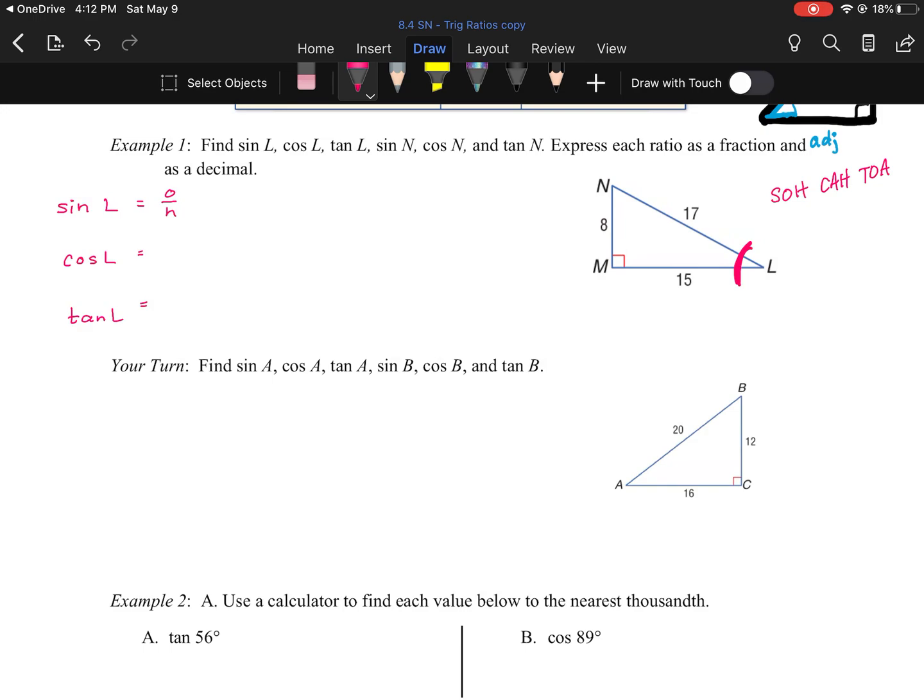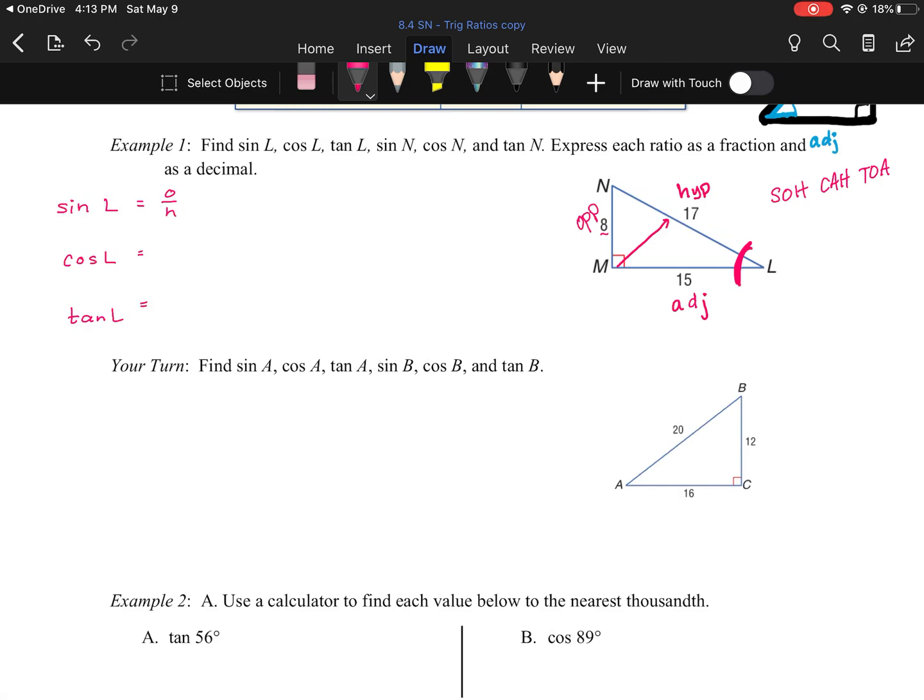So there's my L. Now let's label all of the sides. The one opposite is over here. So that's my 8. Oh, where's my 90? My 90-degree angle is M, so that means the side opposite that is my hypotenuse, which means 15 is my adjacent side.